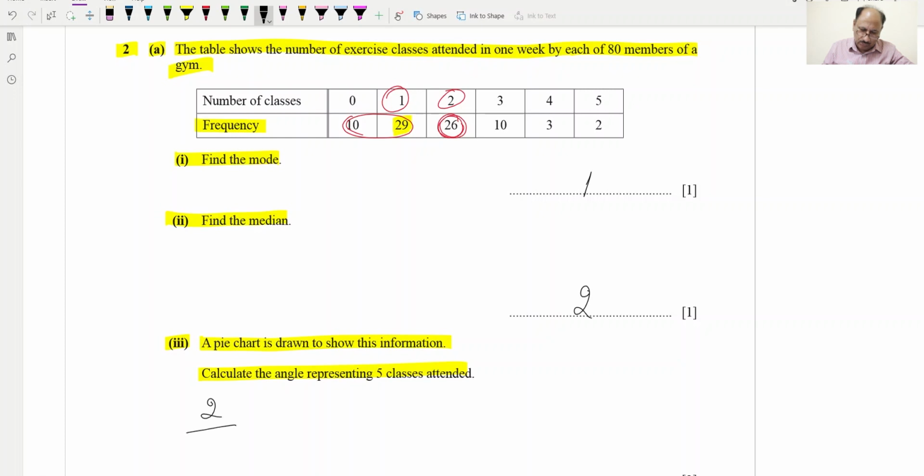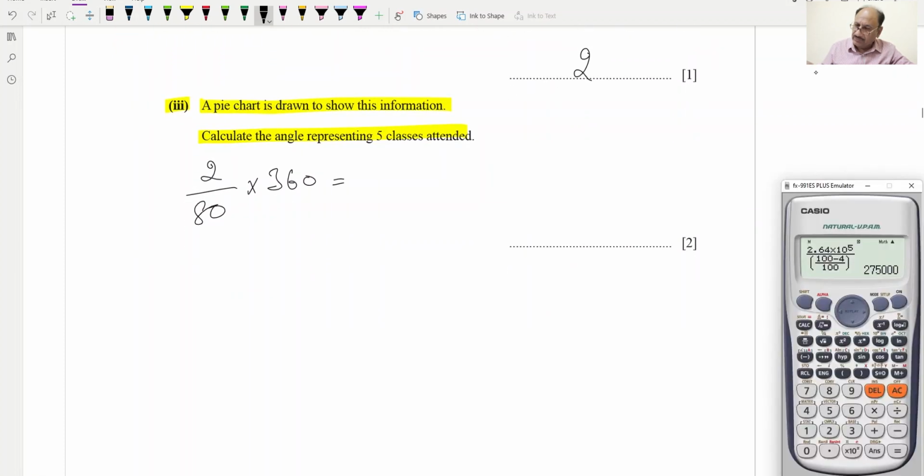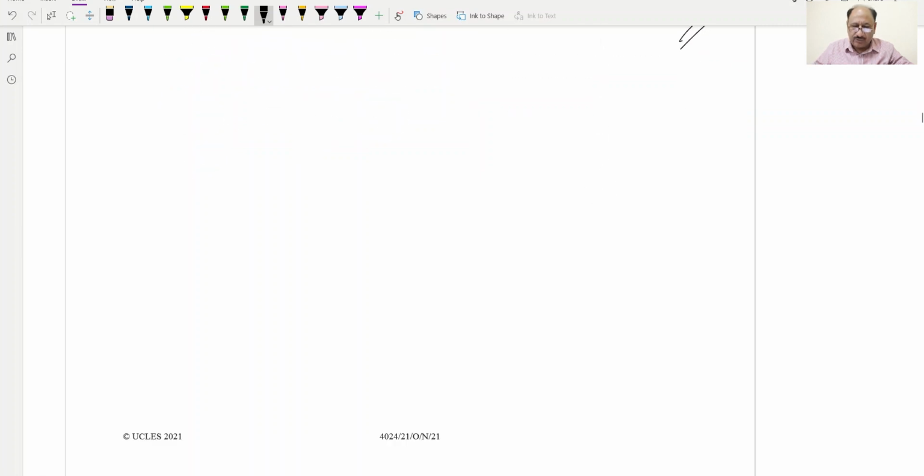So 2 out of 80 and multiply by 360, because pie chart is having angle 360, so we'll be writing 2 over 80, and this will be multiplied by 360, and this is equal to 9. So angle will be 9 degrees, so we can write here 9 degrees. This will be our final answer.